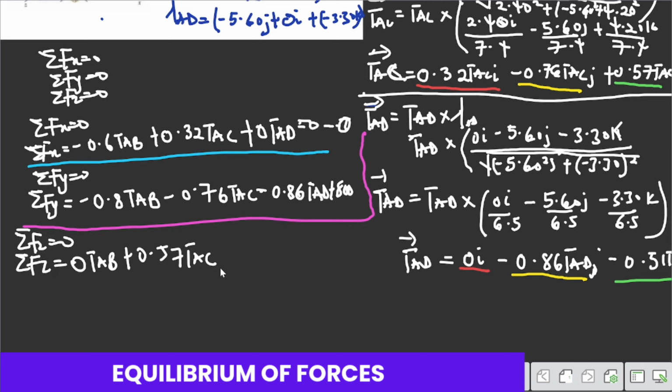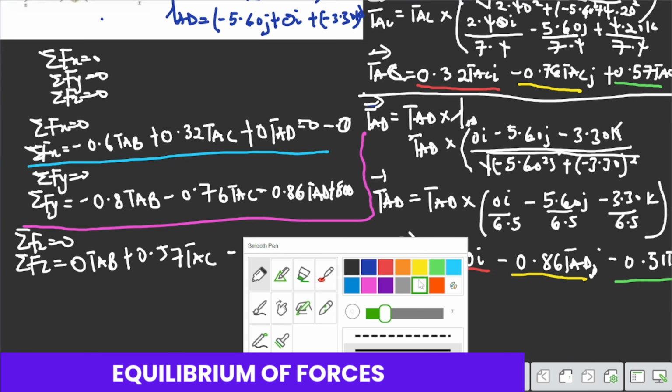Then the next one we had negative 0.51 TAD as well. So with this, it's very simple for us to do by using our calculator to solve the simultaneous equations. We can easily deduce them.